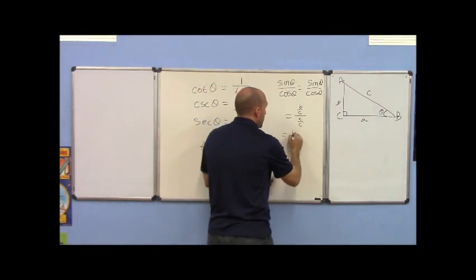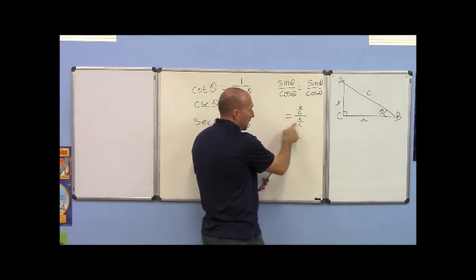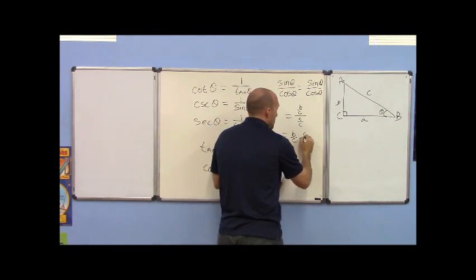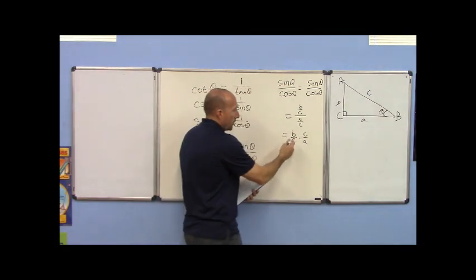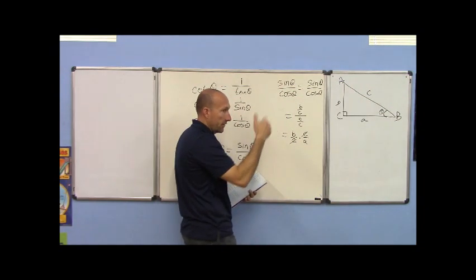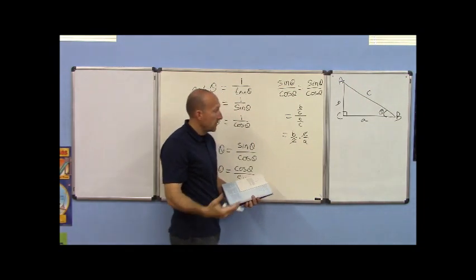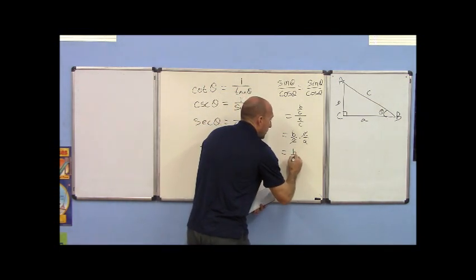So it will be B over C times the reciprocal of this bottom fraction, C over A. Well, since we're multiplying, we can actually cancel these two C's out. C divided by C is just 1. So we can eliminate that, which gives us B over A.